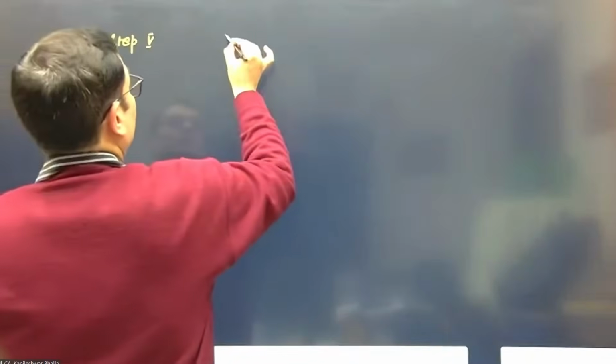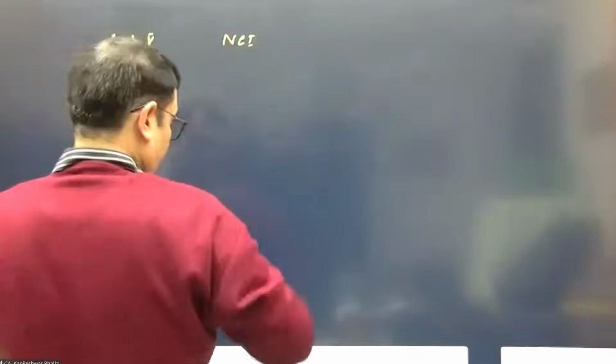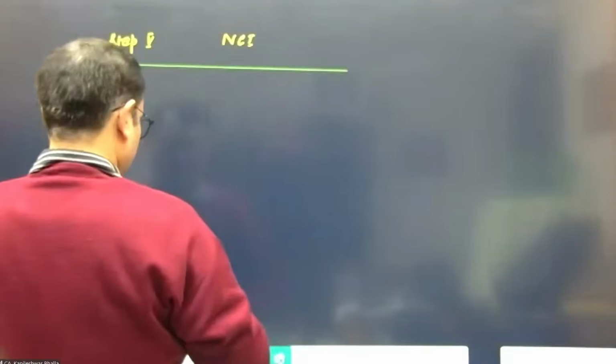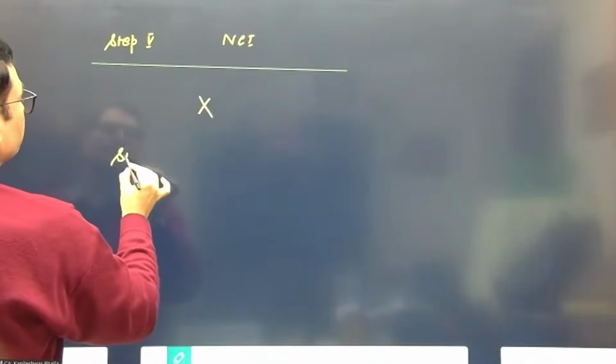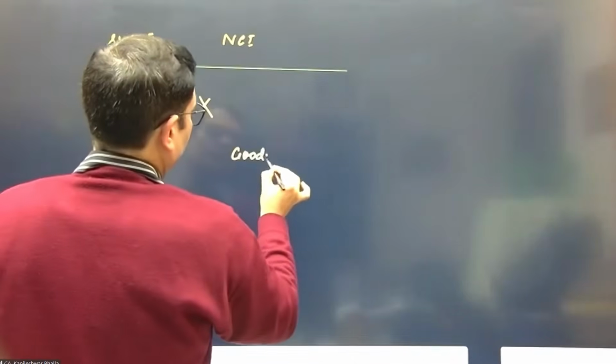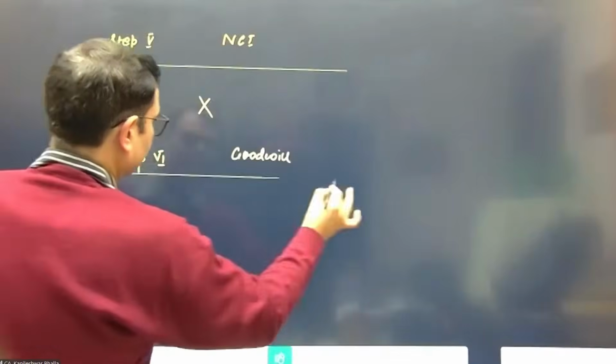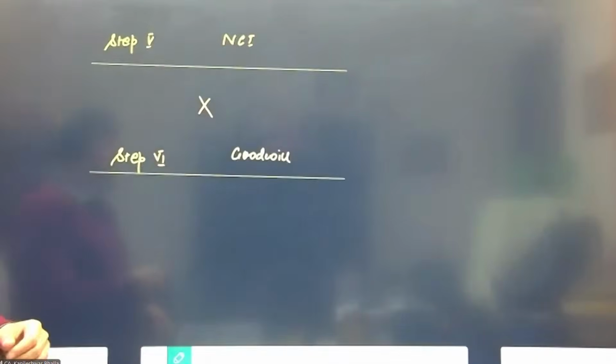In step number 5, we need to calculate the amount of NCI, and there is no NCI given. Then step number 6 is calculating goodwill or the bargain purchase gain. This is a simple mathematical exercise.